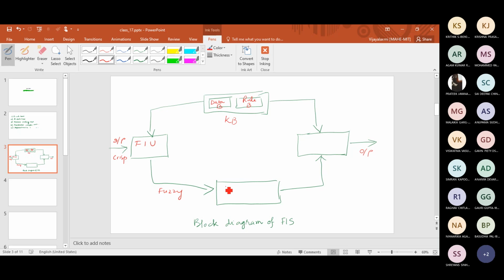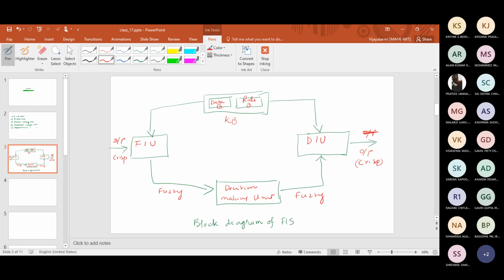This is the decision-making unit, and this is also fuzzy in nature. Finally, we have the defuzzification interface unit. The output of this is crisp. This is the block diagram of a fuzzy inference system. In general, any application you choose will have these working units in it.